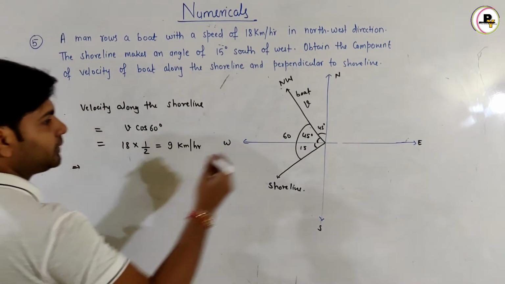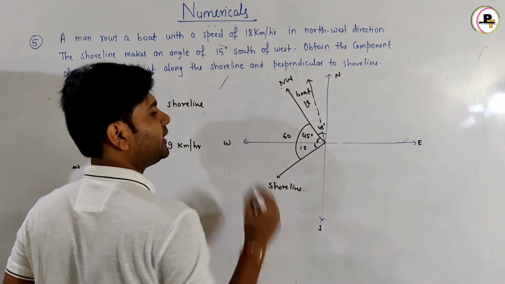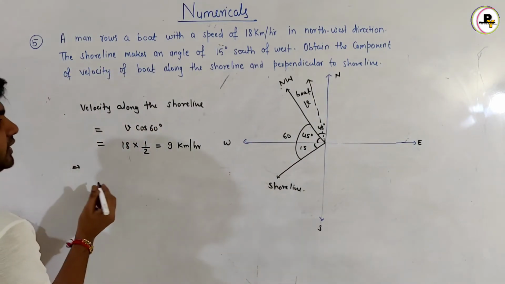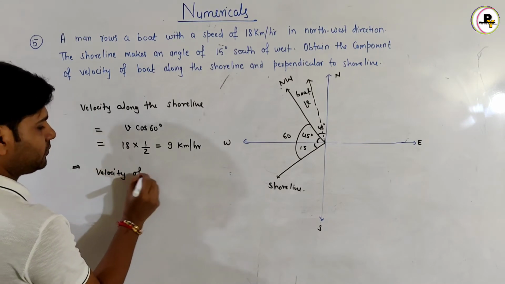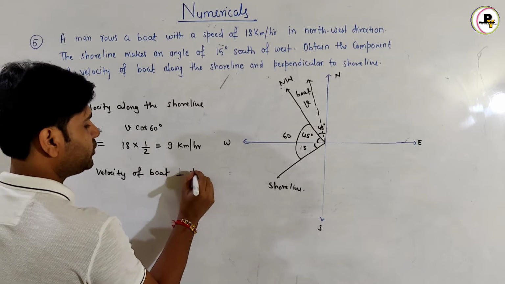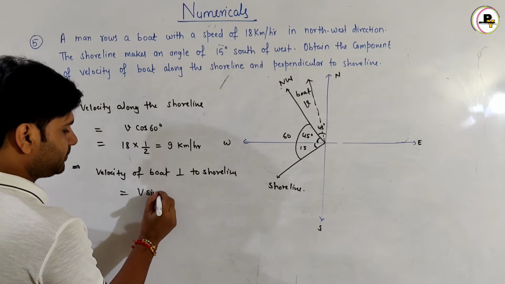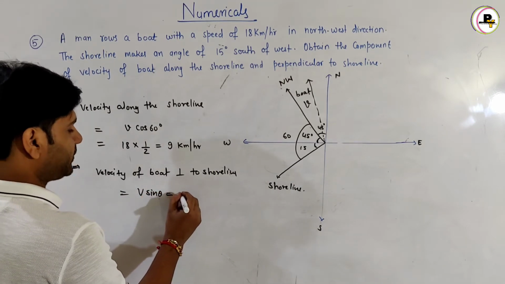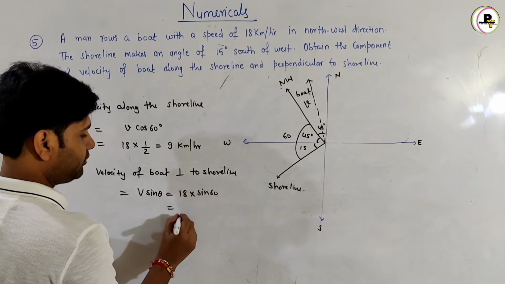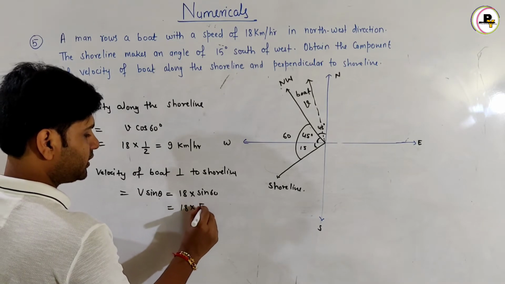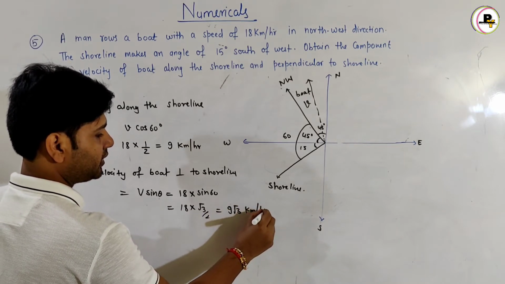And next, its velocity perpendicular to shoreline. Perpendicular means along here, which makes a 90 degree angle. So here velocity of boat perpendicular to shoreline is equal to v sin theta, that is 18 into sin 60 degree, and therefore we get 18 into root 3/2, that is 9 root 3 km/h.